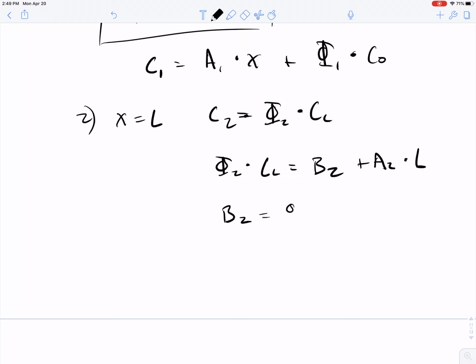So b2 is equal to phi2 CL minus a2 times L. This is helpful.